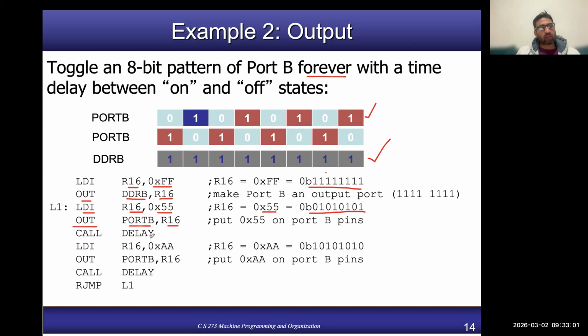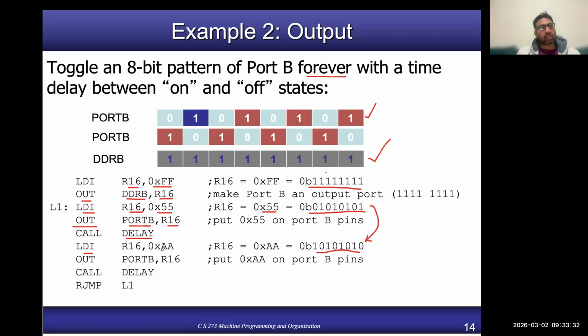And then you call the function, which we are assuming is already available, called delay. After that function is called, it inserts some time delay, or it waits for some given time period, and then the next instruction that will be executed is the load immediate. In this instruction we load the bit pattern 0xAA, which is the hexadecimal form of 10101010, the flipped version of the previous one.